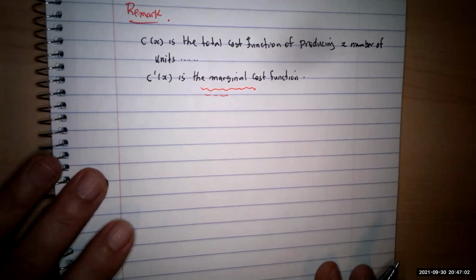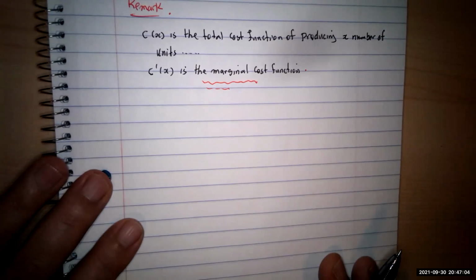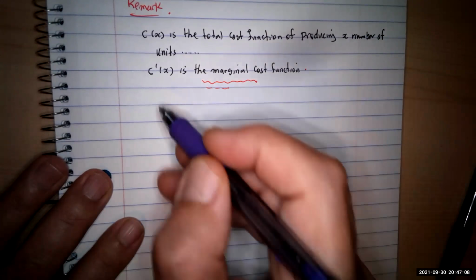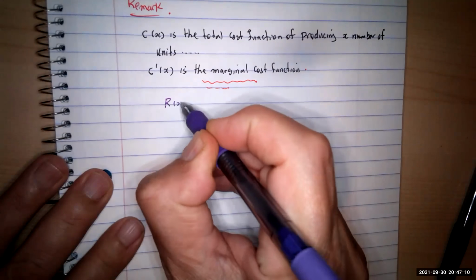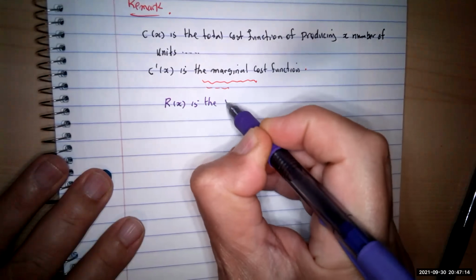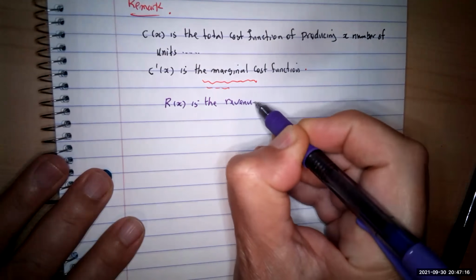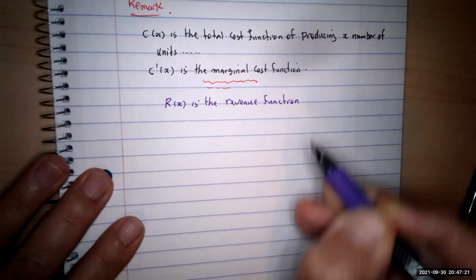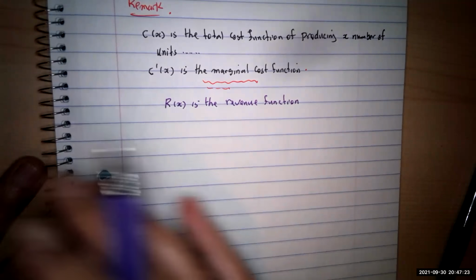The next function is going to be the revenue function. Okay, so the next function is going to be R of X. R of X is the revenue function. Okay, and it's going to be the same thing.